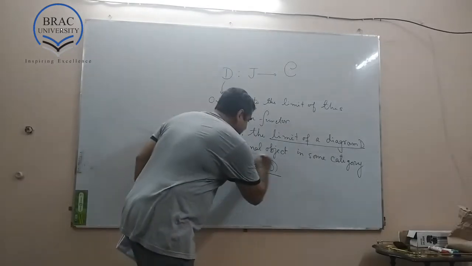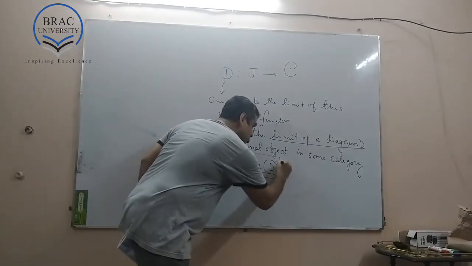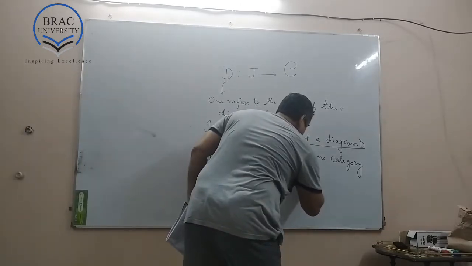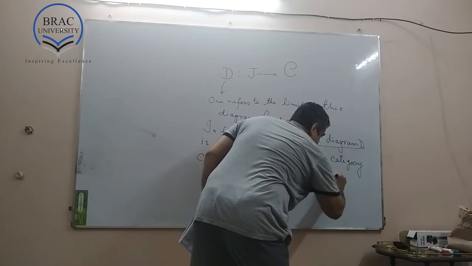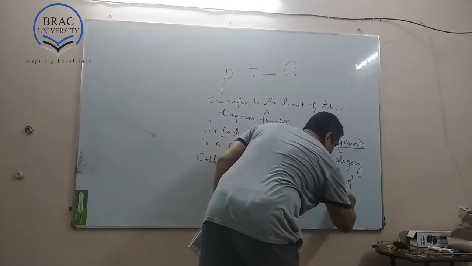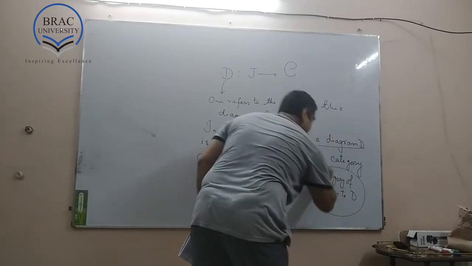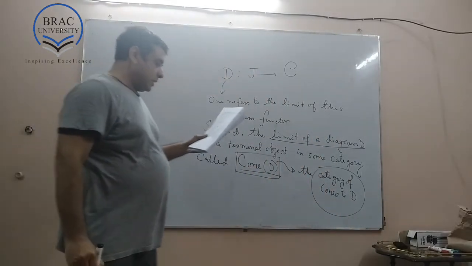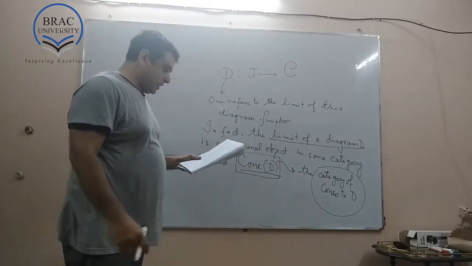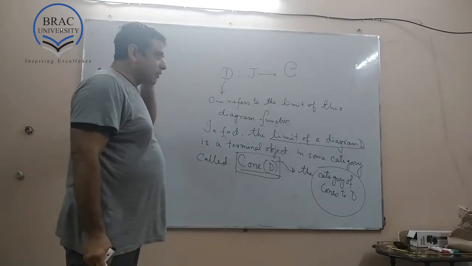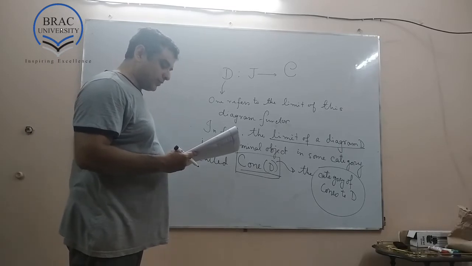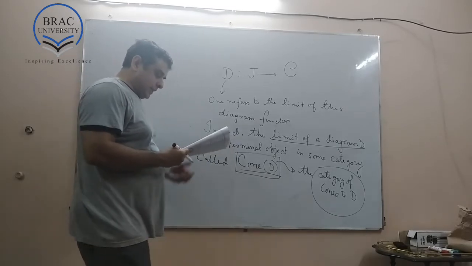So this category has a name. It's called the category of cones. Okay, so now that we know very vaguely what it means by the limit of a diagram functor, let me give you some examples that you are already familiar with.